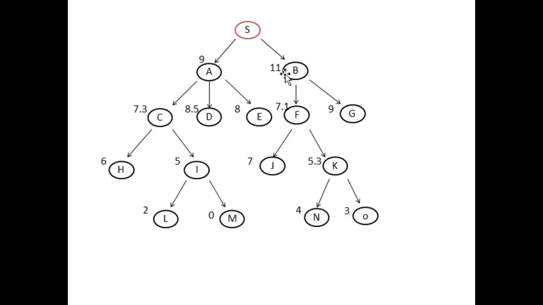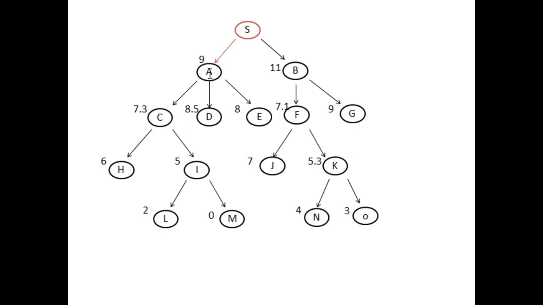Then I will select the best node. Which node will be the best? The one which has the lowest heuristic value. Then I will move towards this node, so I mark the red color over here. Then I will check whether it is a goal or not. If it is a goal, then I will terminate our algorithm, but A is not our goal state.